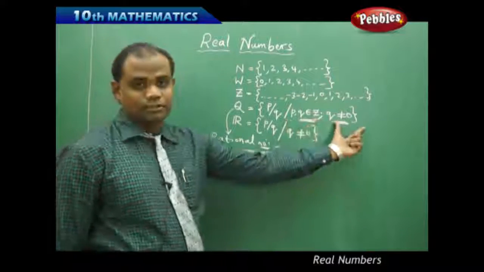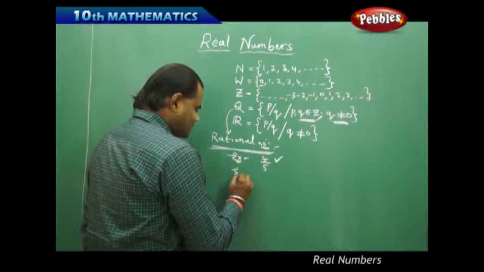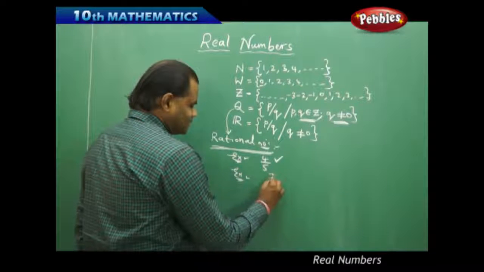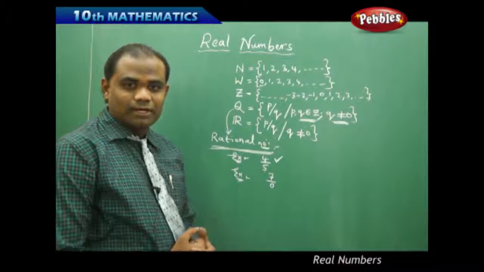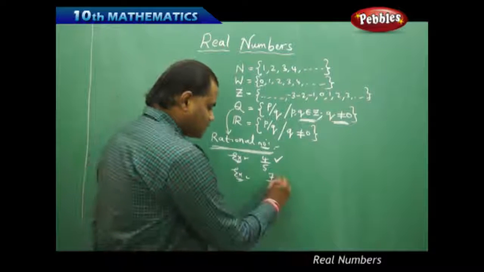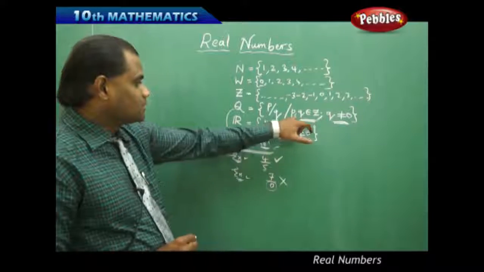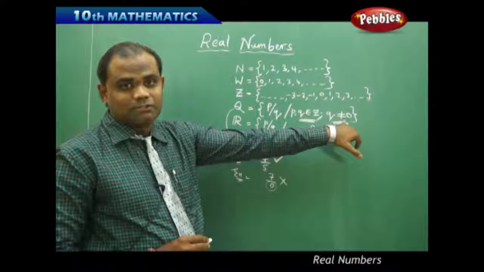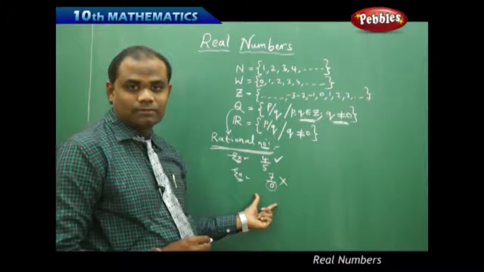Similarly, let me take another example. Say I take 7 over 0. In this case, this is not a rational number because 7 and 0 are integers, but q should not be equal to 0. In this case, that condition fails.